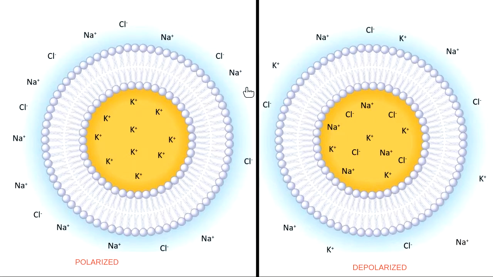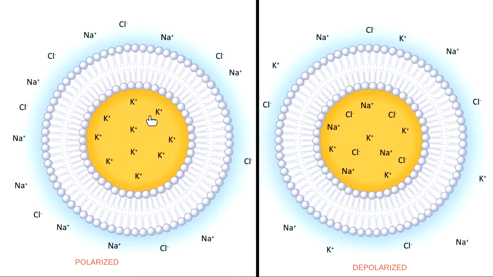If I'm going to purposely get it in or out of the cell, I actually have to make a special protein channel for it, because as you're reading about in lesson number 3, these structures called phospholipids are really particular about what they let in and out. And normally they're telling sodium and chloride, you're not coming in. And normally my potassiums, they're telling it, you're not going out. You're staying inside.